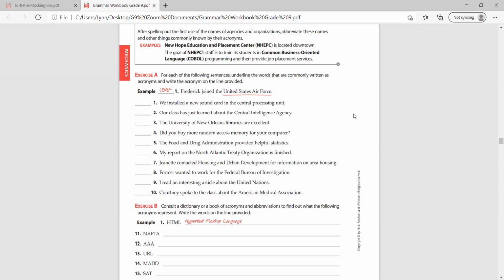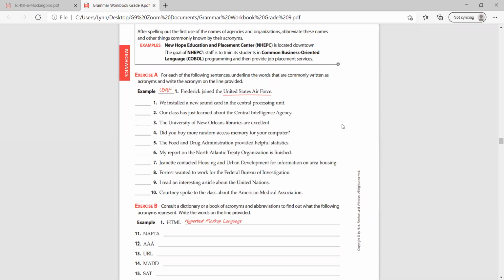Central Intelligence Agency will be CIA. Correct. The University of New Orleans libraries are excellent. The University of New Orleans will be UNO. Correct.